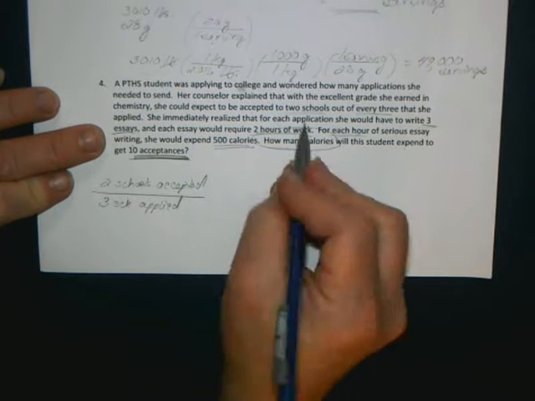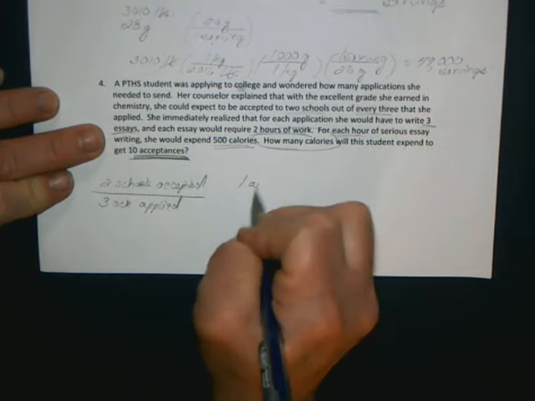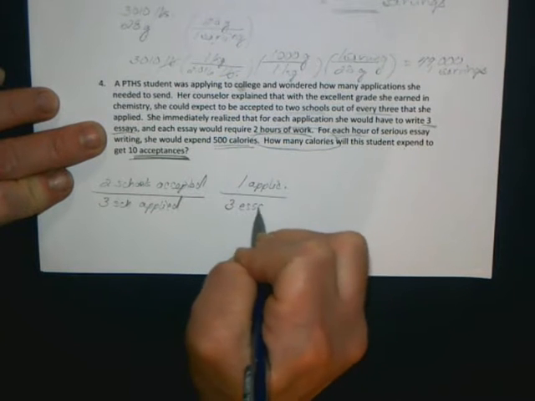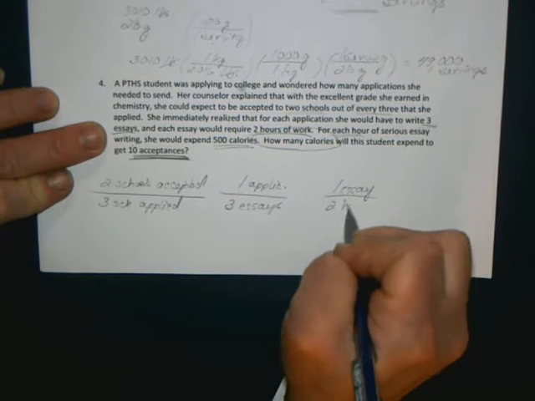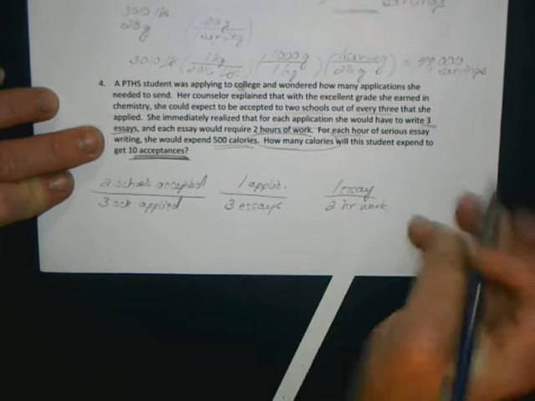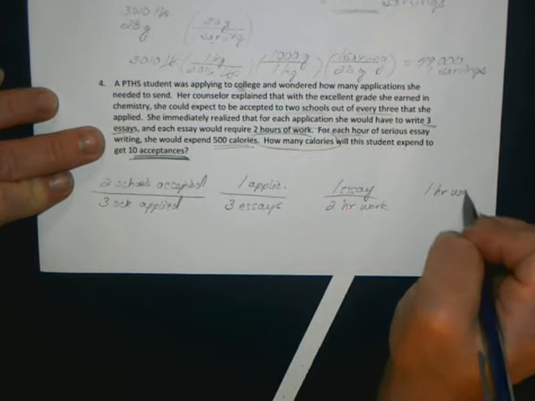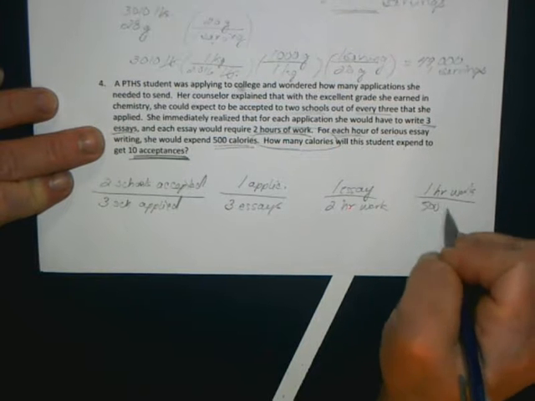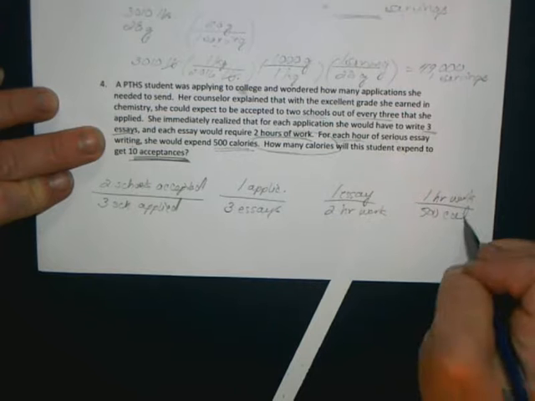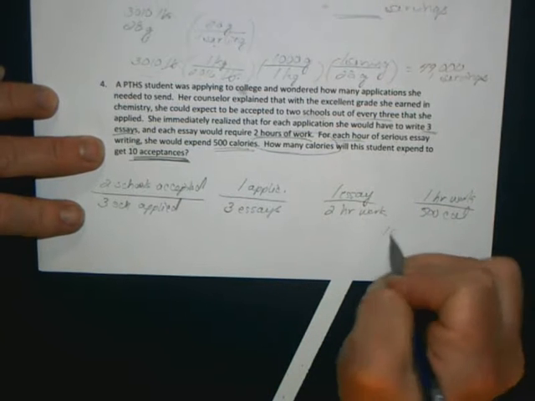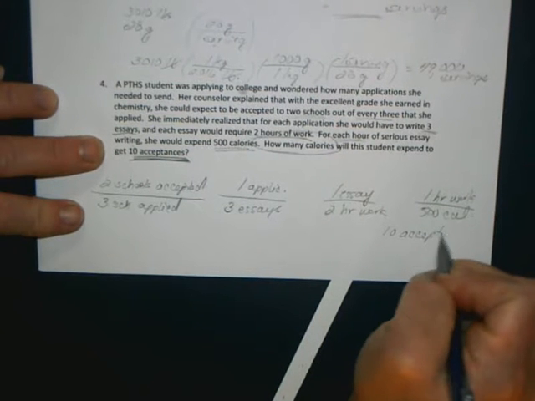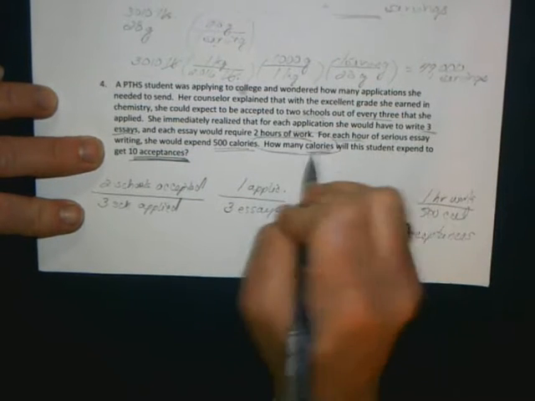For each application, so for every 1 application, she would have to write 3 essays, and each essay would require 2 hours of work, and for every 1 hour of work, it would be 500 calories. The question is, how many calories would the student expend to get 10 acceptances? So there's another given. And this is what I want my end unit to be.